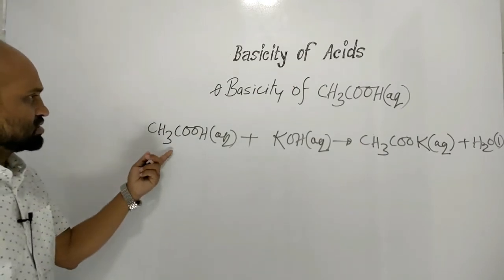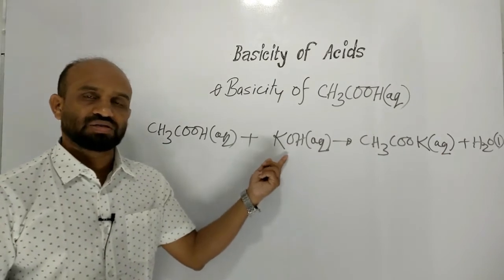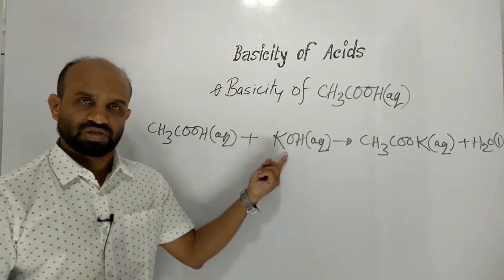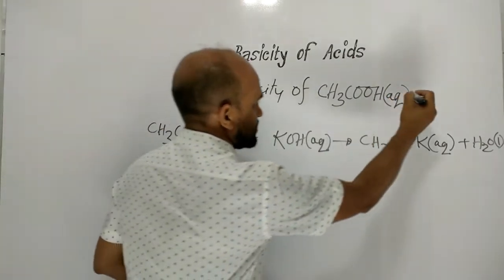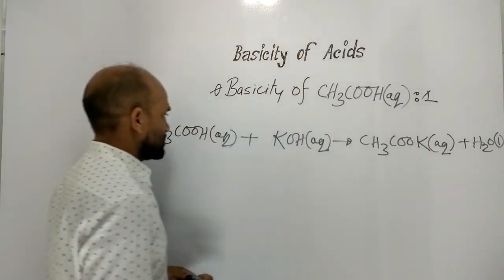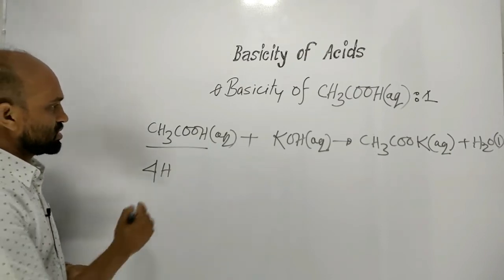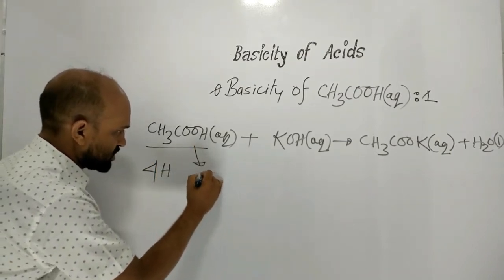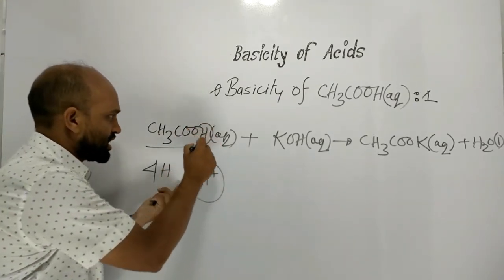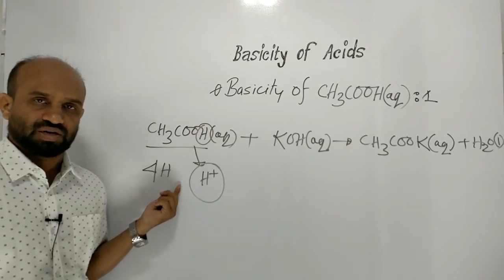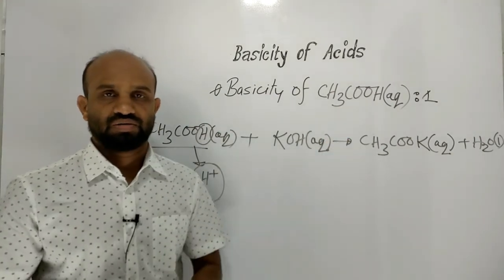In this reaction, we see that acetic acid neutralizes 1 mole of potassium hydroxide. That is why basicity of acetic acid is 1. Though it contains 4 hydrogen atoms, it produces only 1 proton after ionization. This hydrogen is acidic hydrogen. That is why basicity of acid is 1.